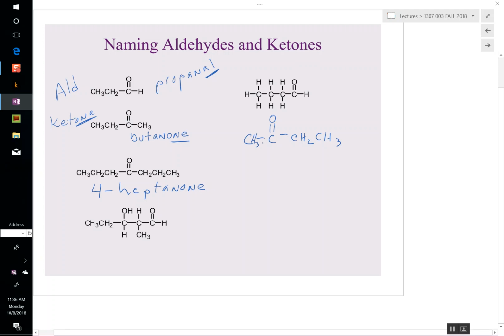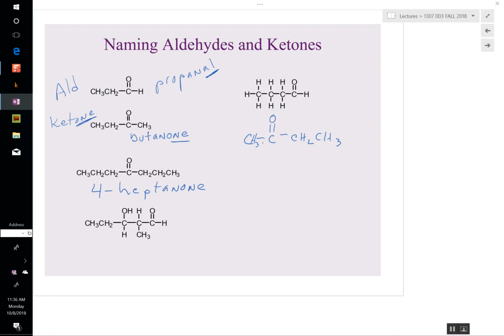Now let's skip that one for a second and go up there. Mr. Rion, I was going to ask, could there be a 5-heptanone? Good question. Could there be a 5-heptanone? No. If it was right there, it'd be 1, 2, 3 heptanone. It would not be 5.